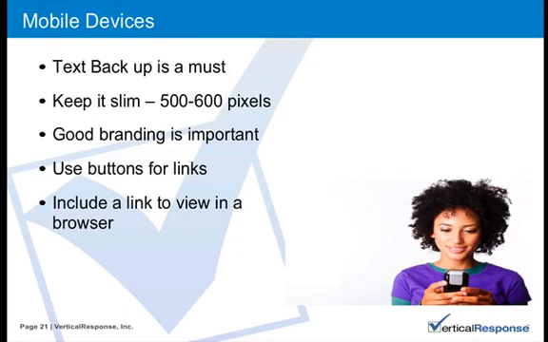But if you're using buttons, the call to action buttons, that makes it very easy for people on a mobile phone to be able to click on. So at least have one of those in your email so your mobile phone readers will be able to click through to your site. And including a link to view in a browser can also help, especially if they're viewing the text version of the email. They'll be able to see the graphical version on their mobile phone.